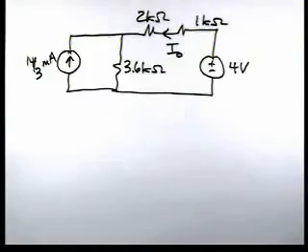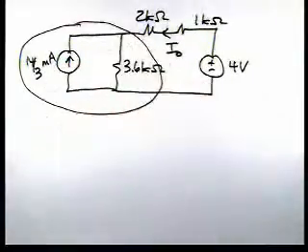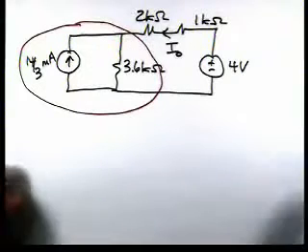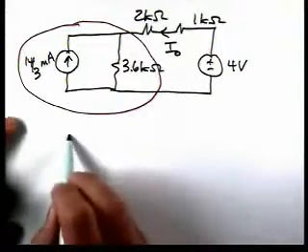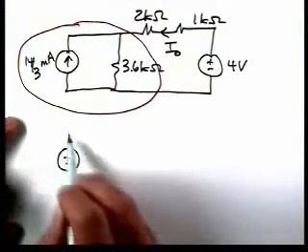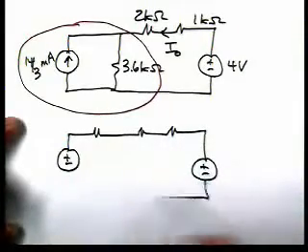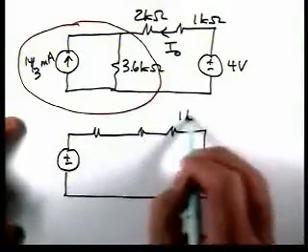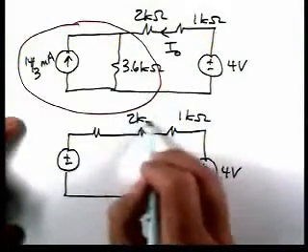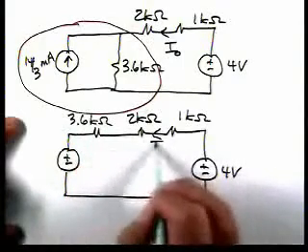So now let's convert that from a current source in parallel resistance to a voltage source in series, and the circuit becomes this.